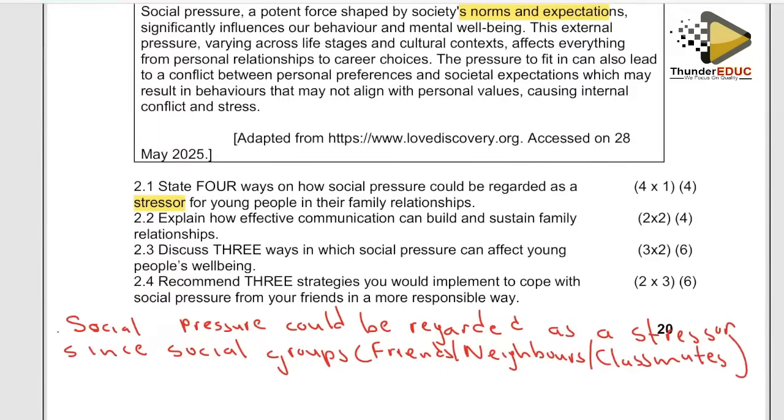So since these social groups may pressurize young people, I'm going to outline the various ways.